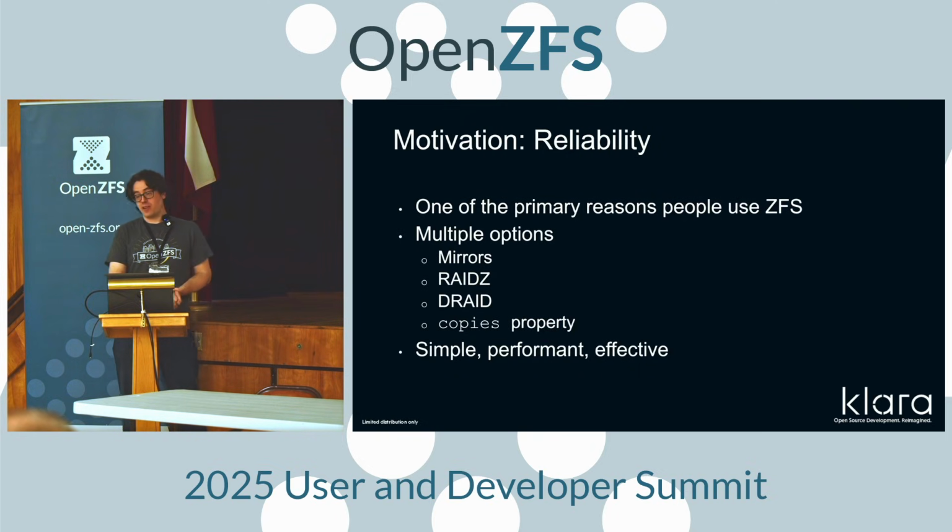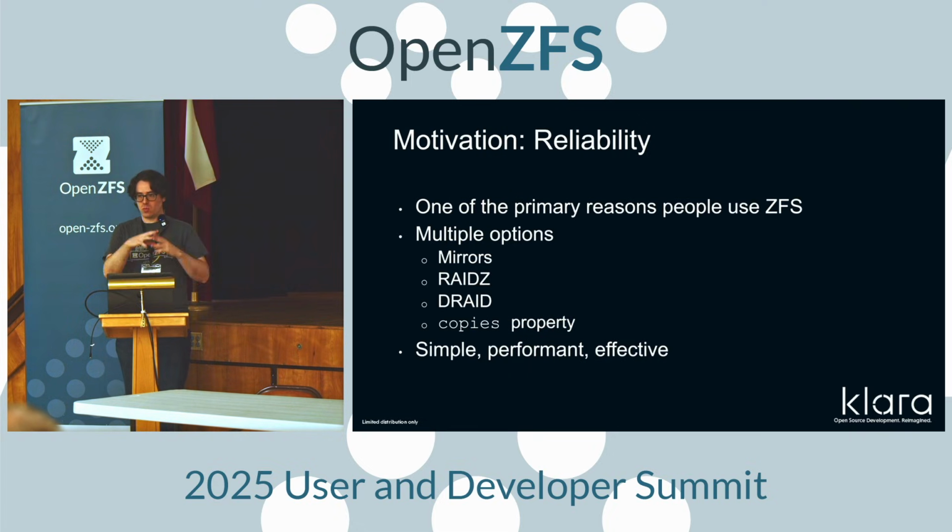One of the things that a lot of people who use ZFS care about is reliability. This, I think, is probably one of the main reasons that people use ZFS, its ability to protect and preserve your data, even when a lot of things go horribly wrong. And ZFS has a lot of different ways to do that. There's a lot of VDEV type options, right? We can do mirror VDEVs and preserve your data that way.